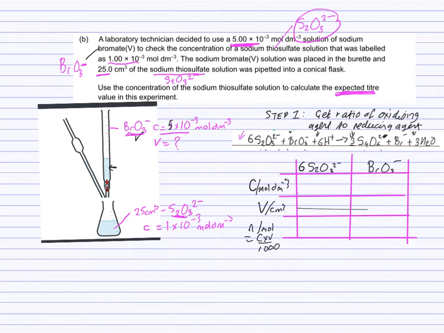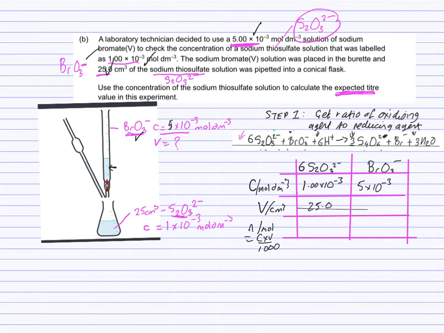Put all of your information into a table because by laying it out this way, you'll be less confused as to what you've got to do next. So we've got the molar concentration of the bromate, which is 5 times 10 to the minus 3 moles per dm cubed. We've got the concentration of the thiosulfate, which is 1 times 10 to the minus 3 moles per dm cubed from the question.